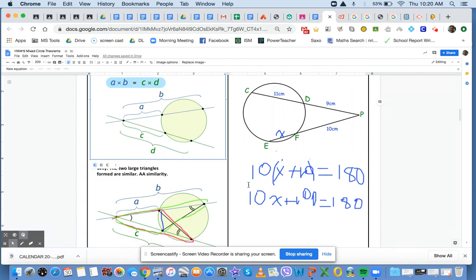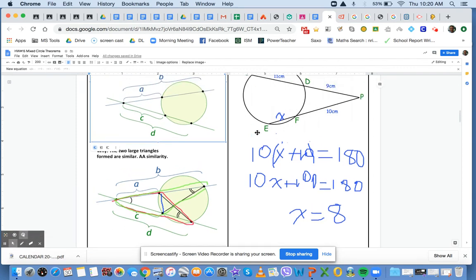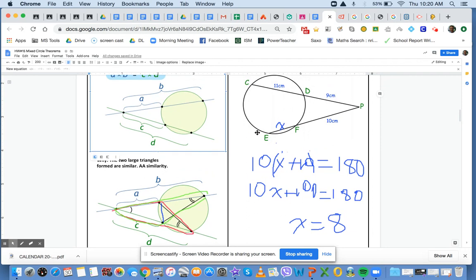And so if we simplify that out, x is equal to 8. Let's see if that's reasonable. X equals 8. Okay. Let's think. Does that look like it's reasonable? I would say so, yes. Okay. Seems to be reasonable.